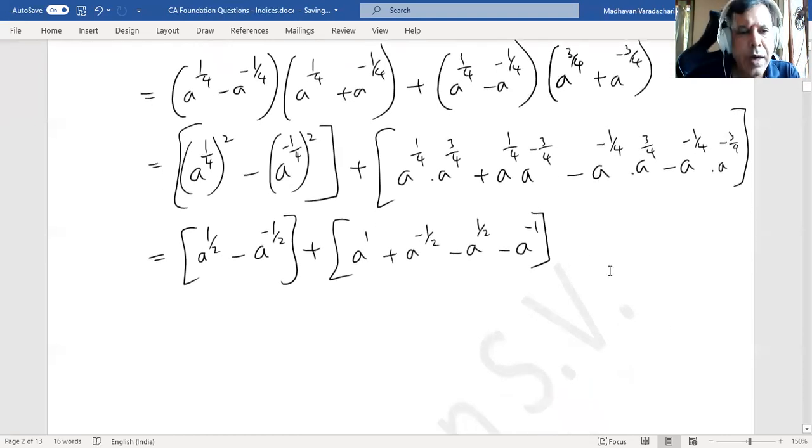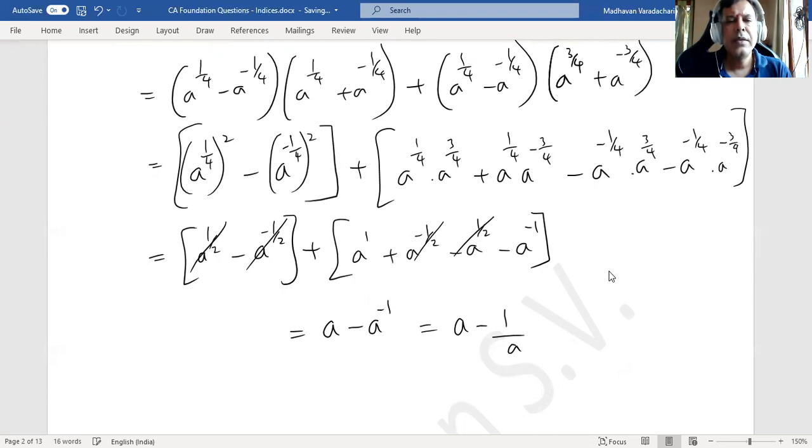All are addition only. So we can see whether anything is getting cancelled. This one and this one gets cancelled. This one and this one gets cancelled. Ultimately, we are left with a minus of a power minus 1, which is nothing but a minus 1 by a. So that is the solution for this problem.